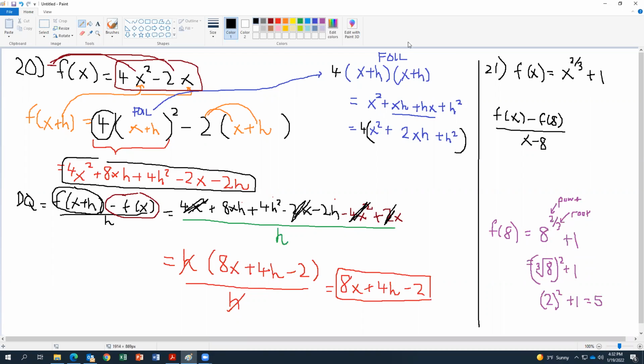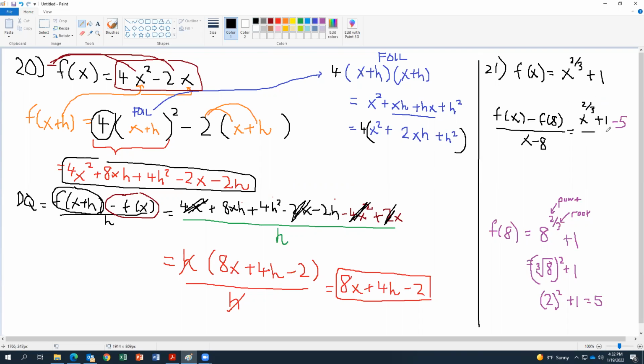So now we can plug all this in. This will become x^(2/3) plus 1, because f of x is that, minus f of 8. Now f of 8 we found out is 5.